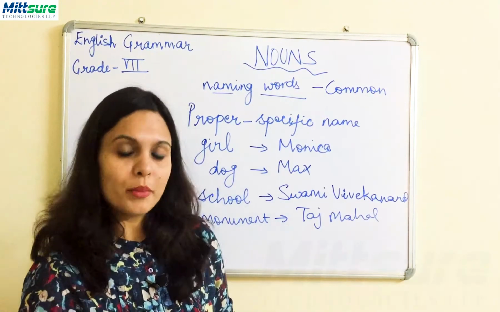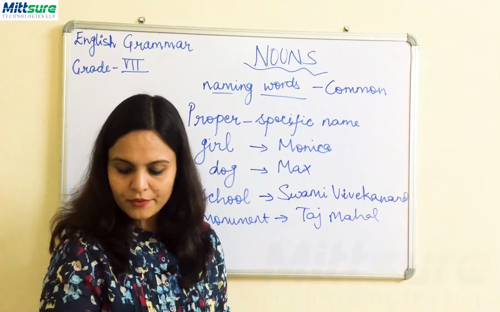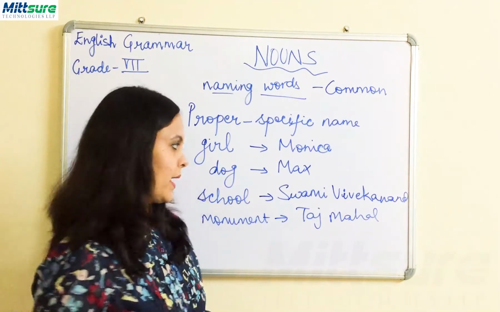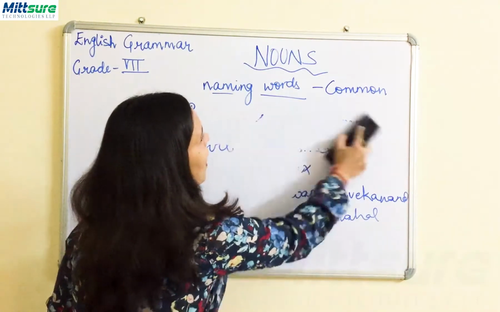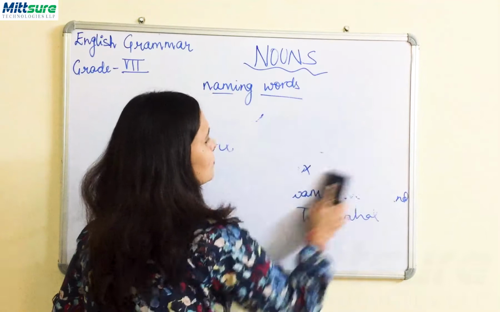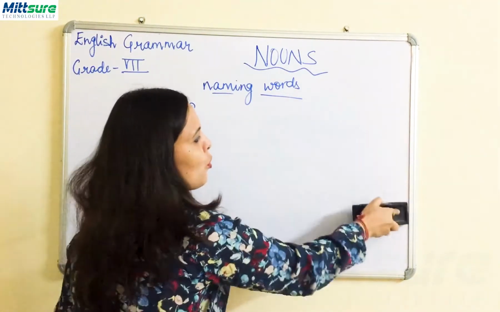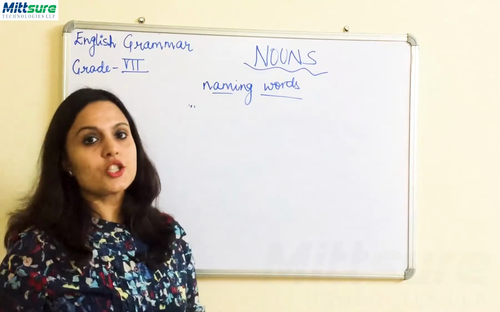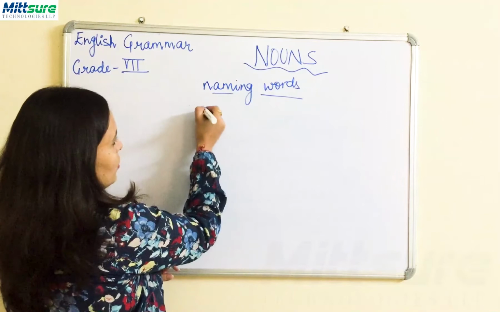So common noun is a common term, whereas the proper noun is a specific term given to the object, right? Now let's move ahead and understand different types of nouns, right? So there are two more nouns which are exactly opposite to each other, right? And they are concrete noun and abstract noun.